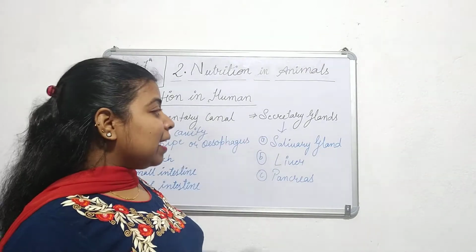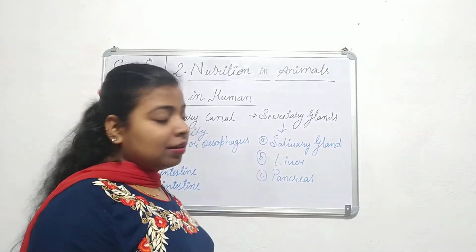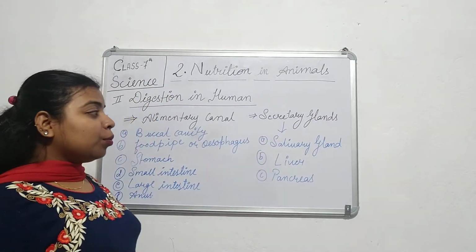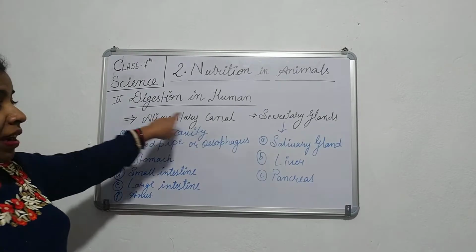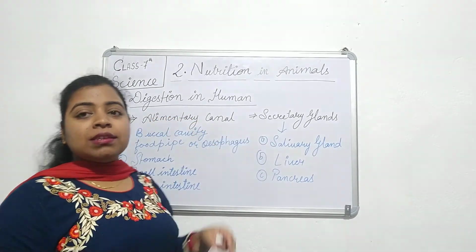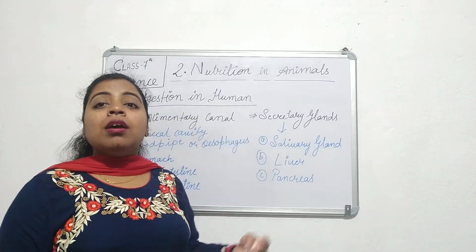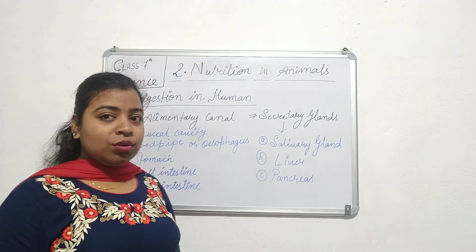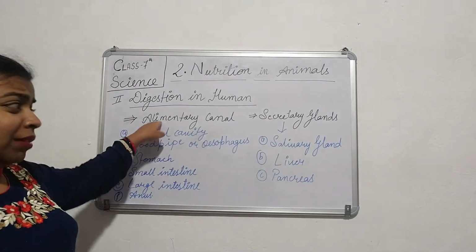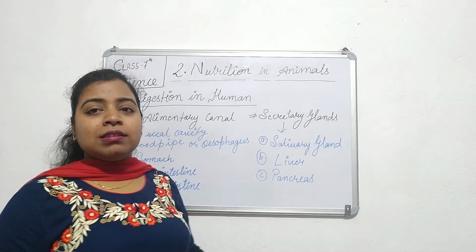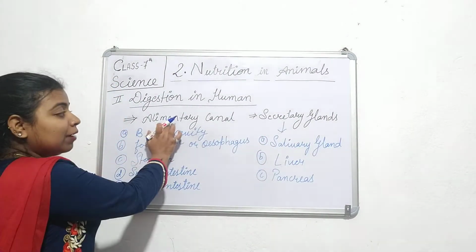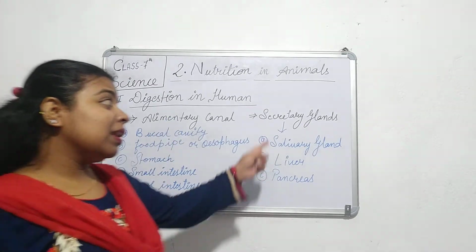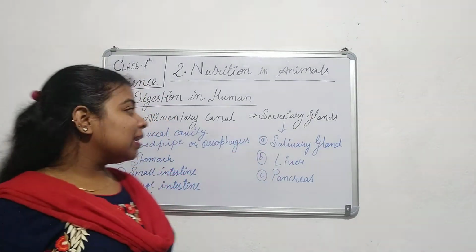Whereas the secretory glands are the salivary gland, liver and pancreas. The alimentary canal and secretory glands play a very important role in food digestion in human beings. Without them, the digestion of food is impossible. First I will tell you about the alimentary canal and then about the secretory glands.